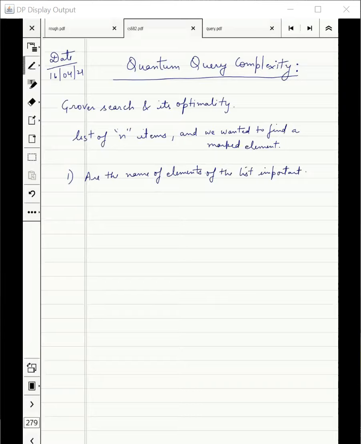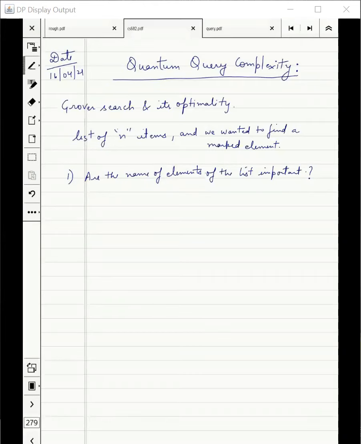Do you think that it will affect the amount of time we need to solve this problem? No, sir. Right? I guess all of you will concur to that. That's kind of clear that the names in general are not important.